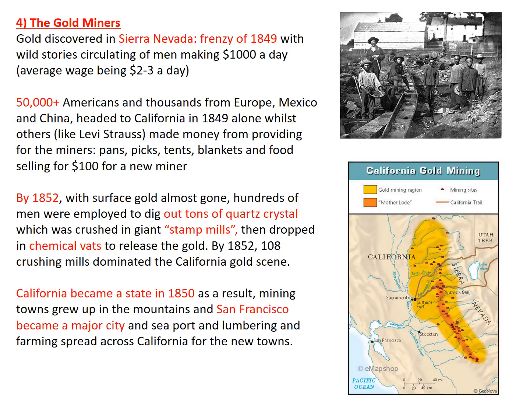It becomes more industrial. By 1852, 108 crushing mills dominated the California gold scene. California itself became a state in 1850 as a result, with its port of San Francisco becoming a major city. Lumbering started, gathering wood, and farming spread across California for the new towns. So it's not only the gold mines themselves, but it also had knock-on effects.